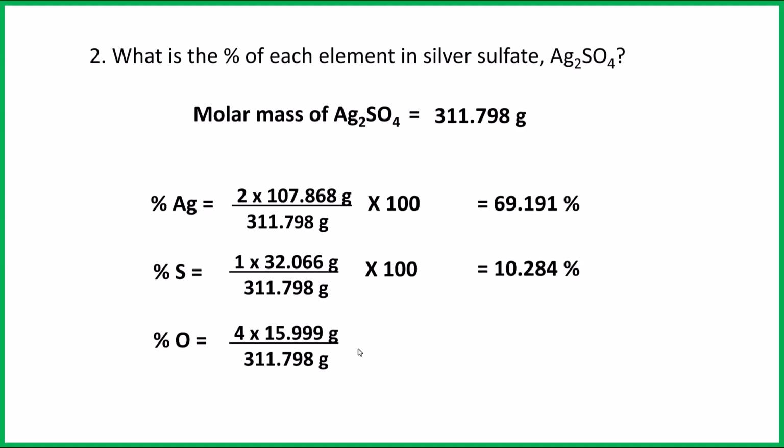Divide by the total times 100, and we get 20.525% oxygen. These percents should add up very, very close to 100. In theory, they definitely should add up to 100, but depending on how you rounded them, they might be just kind of close. So that is percent composition.